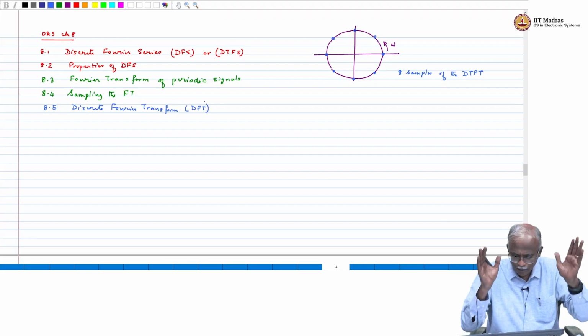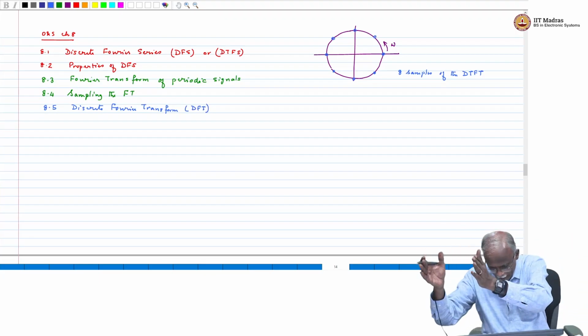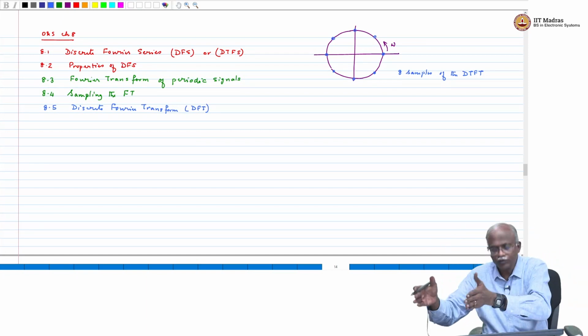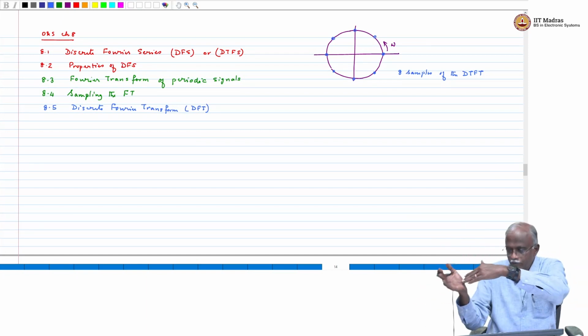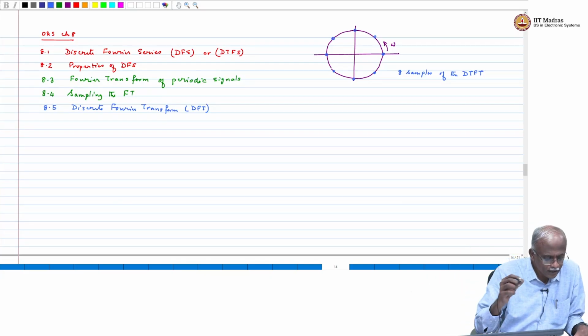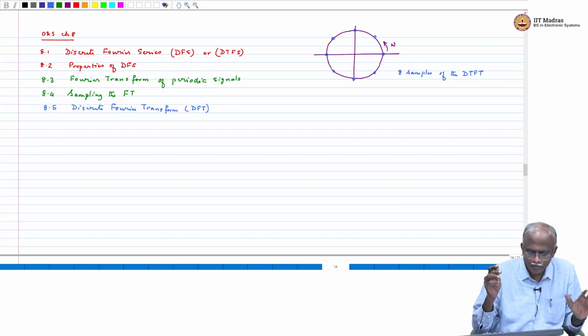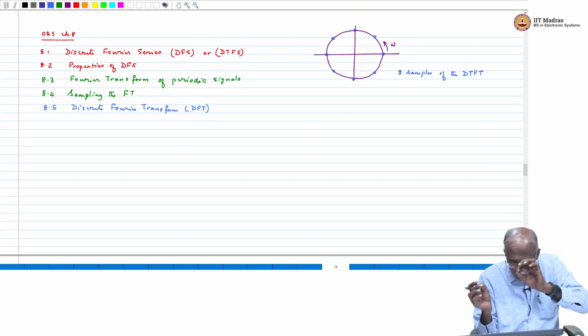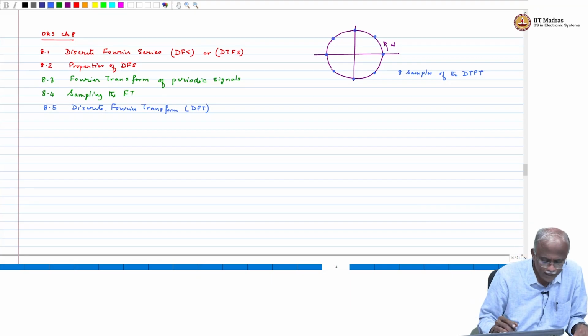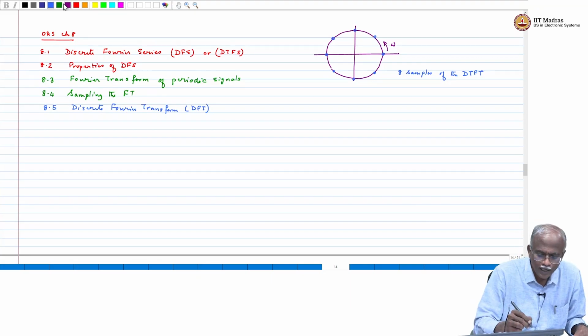That's the focus of what we are going to be studying in this chapter, and this comes from the understanding that periodic signals can have a discrete Fourier series representation. You can also get a Fourier transform representation. Given a Fourier transform, you can sample the Fourier transform and recognize that this is helping us get to the point where we now define the discrete Fourier transform.